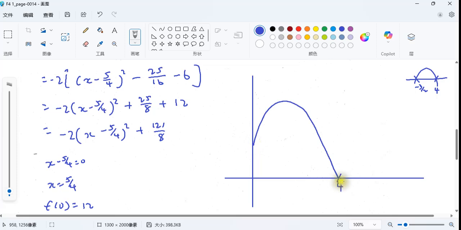So this is 4, this is 12, and then we have 5 over 4 as the axis of symmetry, and 12 and 1 over 8. Okay.